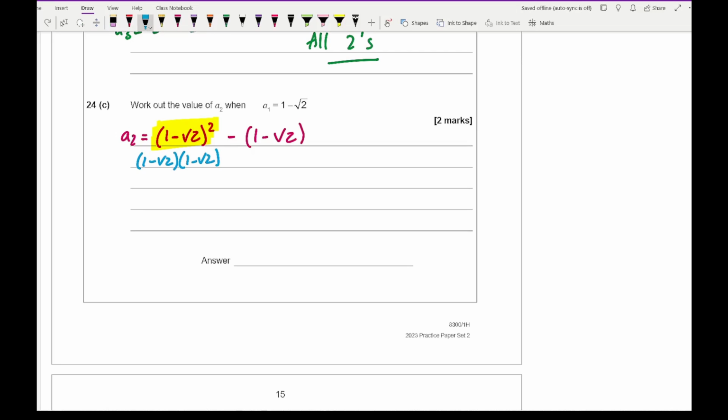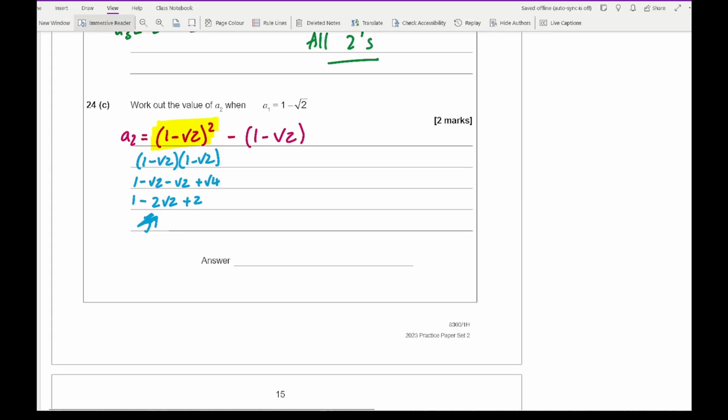So expanding all the brackets, I get 1 minus root 2 minus root 2 plus root 4. So that gives me 1 minus 2 root 2 plus 2, which simplifies to give me 3 minus 2 root 2.